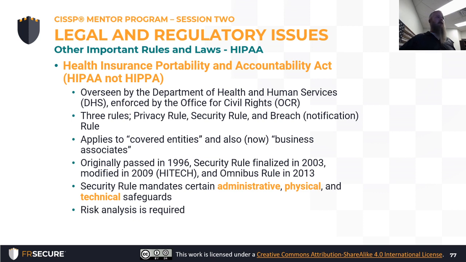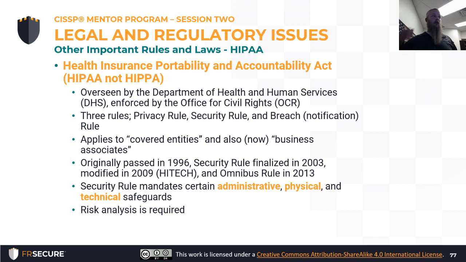There are covered entities, which are a healthcare provider, a hospital, a clinic, things like that, and then there are business associates. Those are the people that the healthcare entity is doing business with. You need to have a business associate agreement in place.